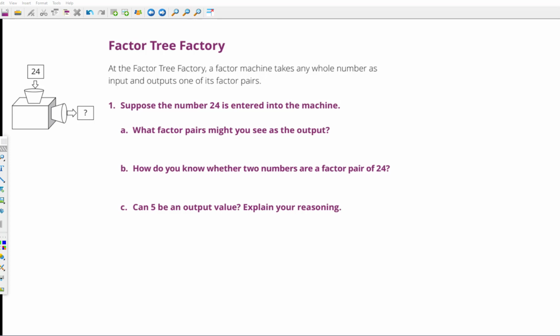Factor tree. We're thinking about what factors would multiply together to give me 24. So factors, remember, are things that can multiply together to create the number. What factor pairs? That means 2 numbers that can multiply to give me 24. Someone give me 2 numbers that can multiply to give me 24. 12 and 2.